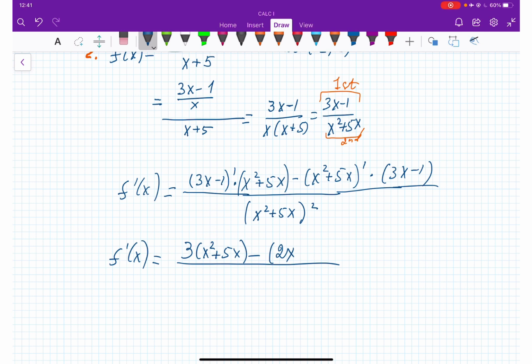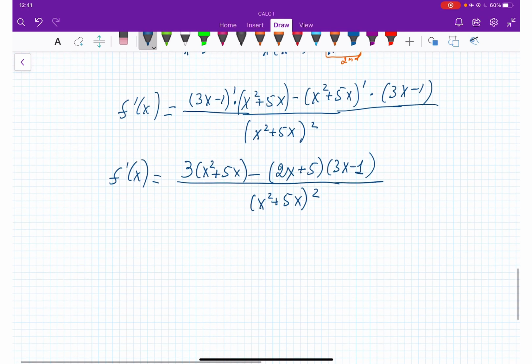The derivative of 5x is going to be 5, multiplied by 3x minus 1. And we're dividing by x squared plus 5x squared. Okay. What we are going to get from here, let's simplify.